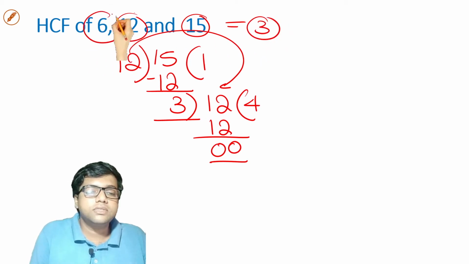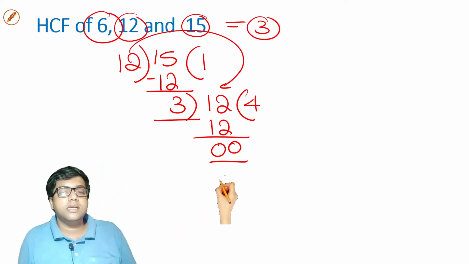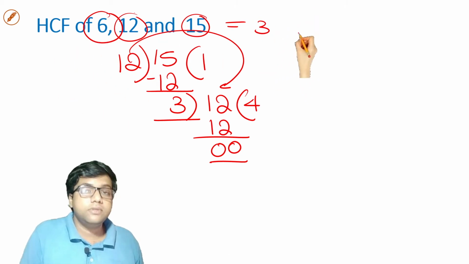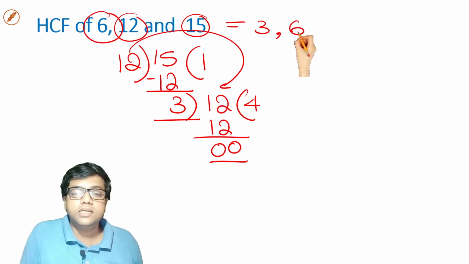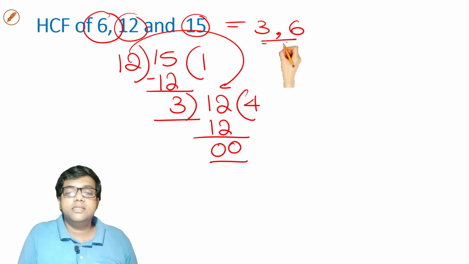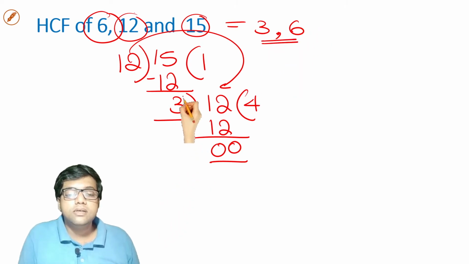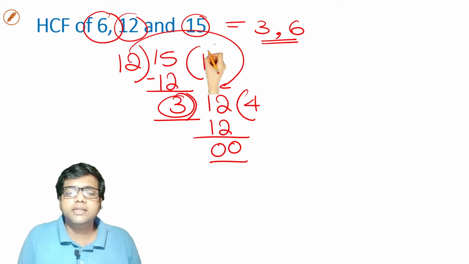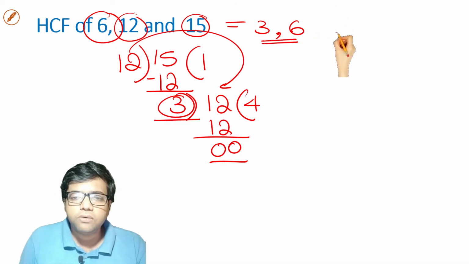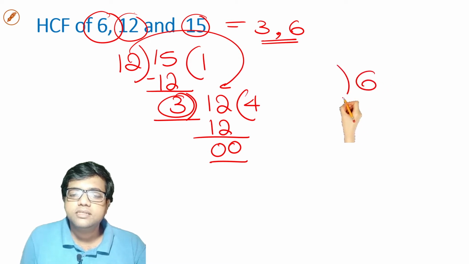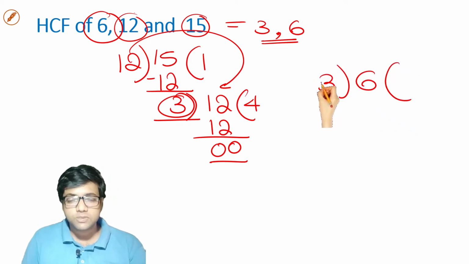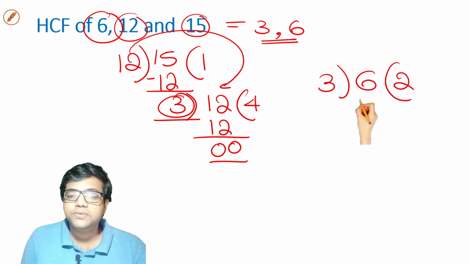But we have still not found the HCF for 6 as well. So in order to find the HCF for all the 3 numbers, in the second step you will find the HCF for 3 and 6. We got the HCF as 3 and we are left with 6. So how to find? Take up the larger number again, same steps, and divide the larger number by the smaller number. 3 2s are 6.